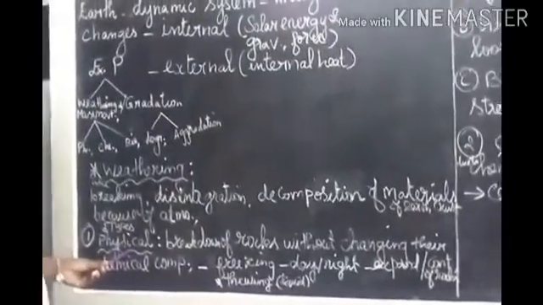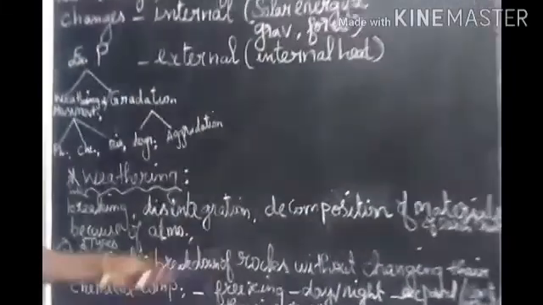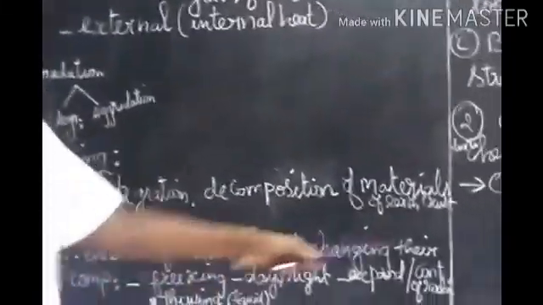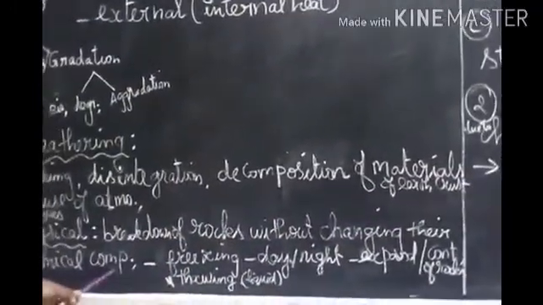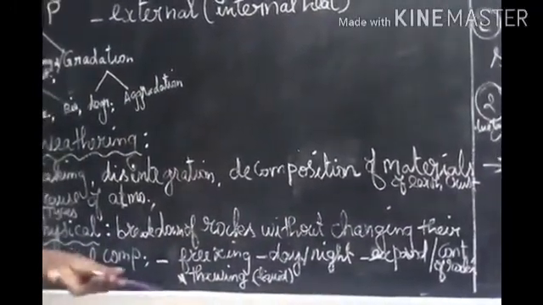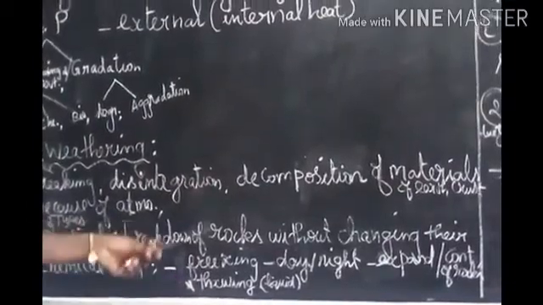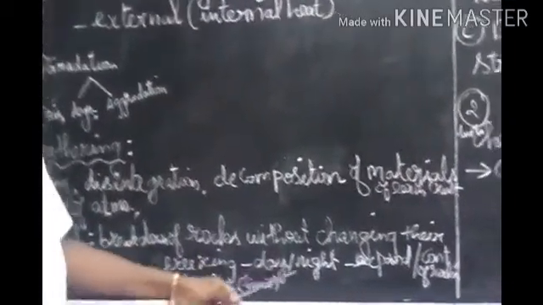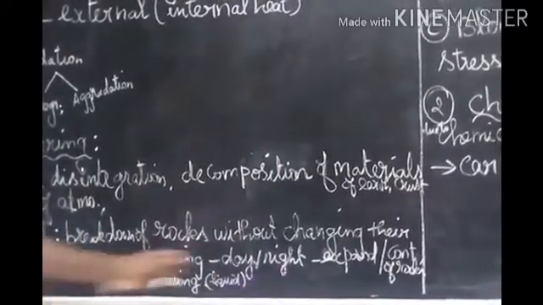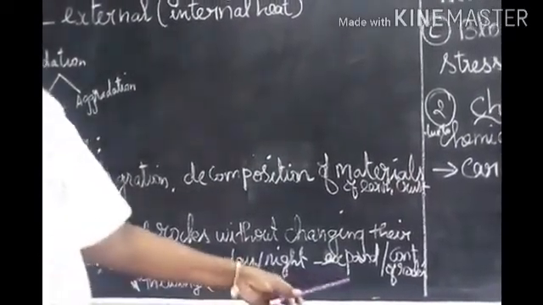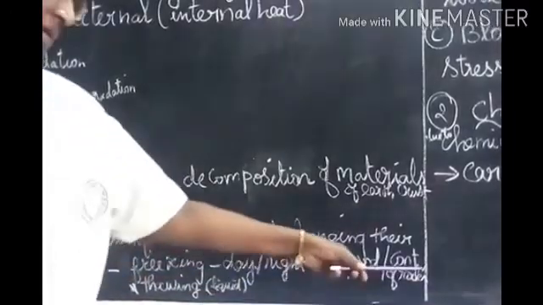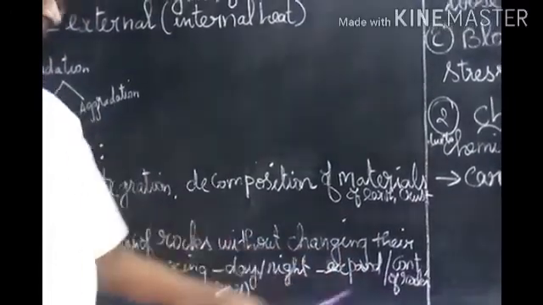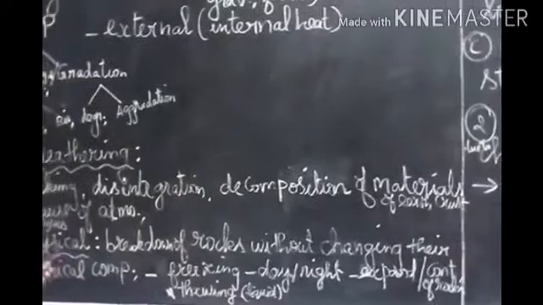Physical weathering means the breakdown of rocks without changing their chemical composition. What happens during this weathering? The rocks become frozen and thawed during day and night, and because of this reaction, the rock is expanded sometimes and contracted sometimes, and it becomes physical weathering.